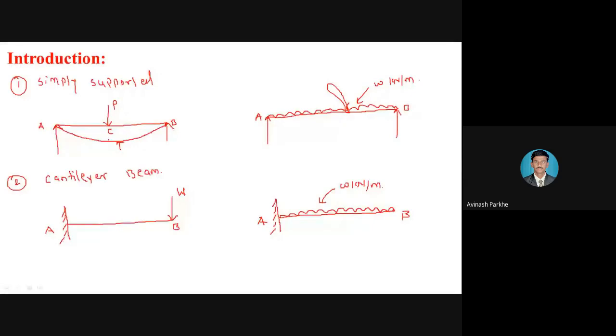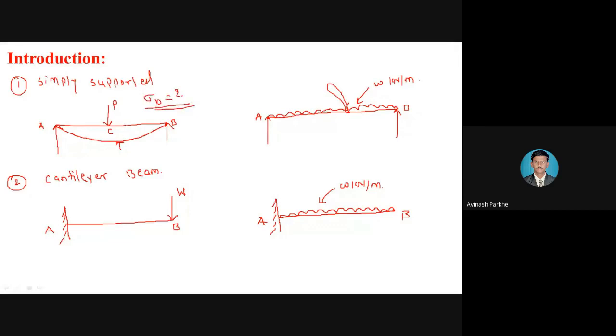Due to this bending, this beam is subjected to some amount of bending stress, which is represented by sigma b, and I have to calculate this bending stress for this type number 1.